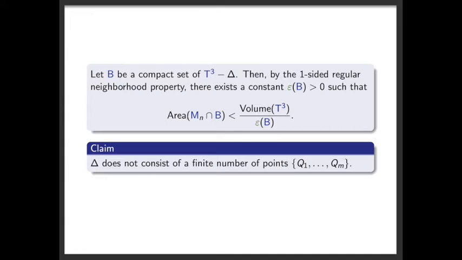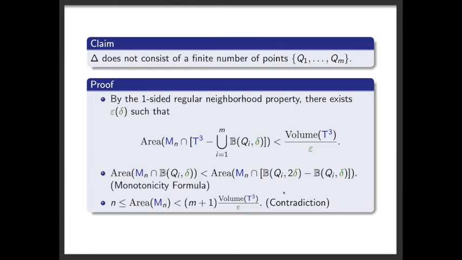And in this compact set, you have area estimates because of the one-sided regular neighborhood. We're going to use this property to prove that Delta does not consist of a finite number of points.